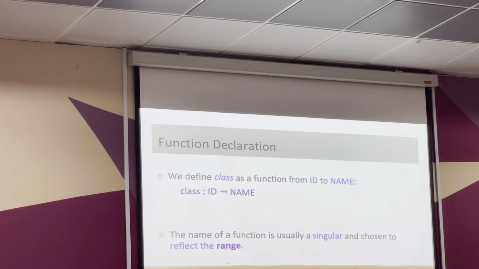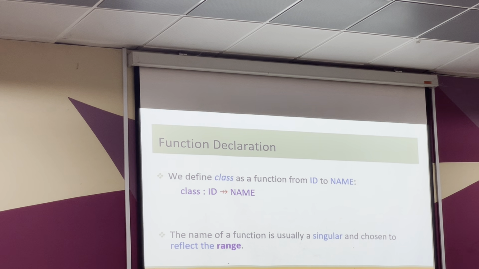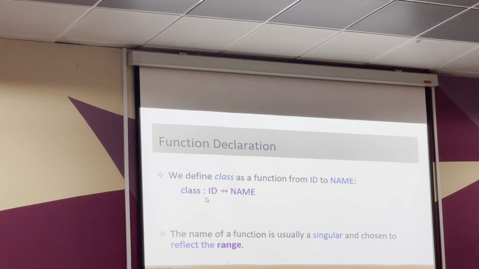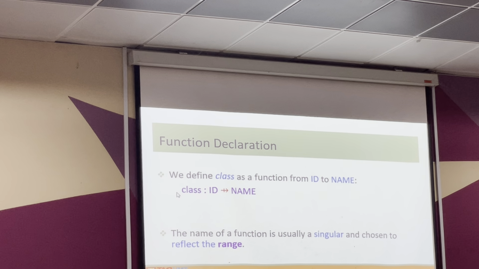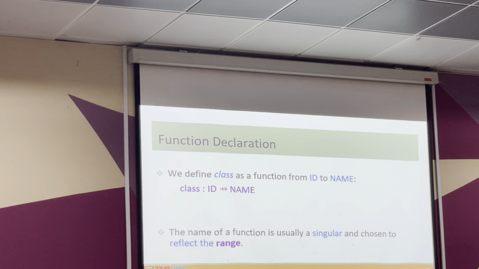Other symbols that you will learn later are okay if you want to change whatever. But the minimum that you are going to have in your Z schema, if it is a function, should be this symbol, the partial function. Normally when you do a function, as I told you just now, because you will get only one range result, for the variable we try to go for a singular word. But it's okay if you go for a plural word, it's not a problem.